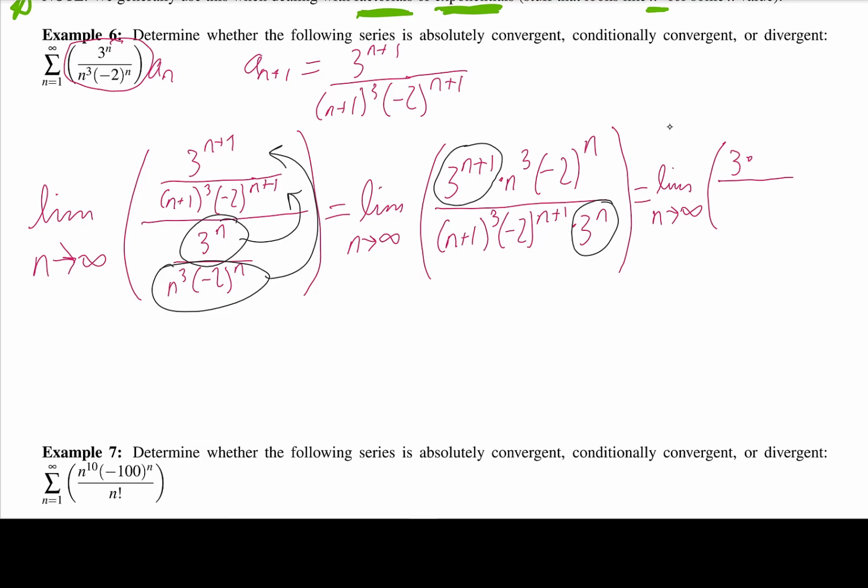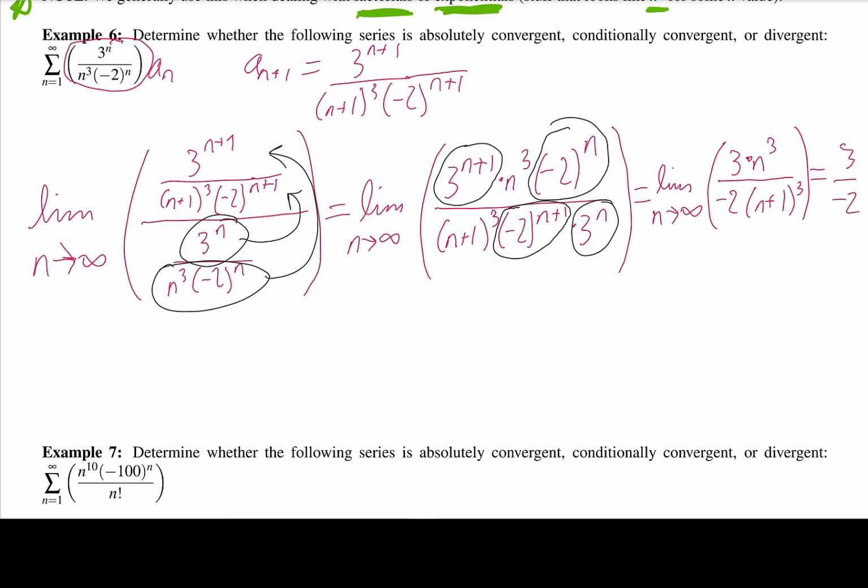This n cubed isn't going to get canceled out. But I have a negative 2 to the n up here, and a negative 2 to the n plus 1 down here. So that means I'll have a negative 2 left on the bottom, so it'll be negative 2 times n plus 1 cubed. All right, and so using our highest power rule, this will give us 3 over negative 2.